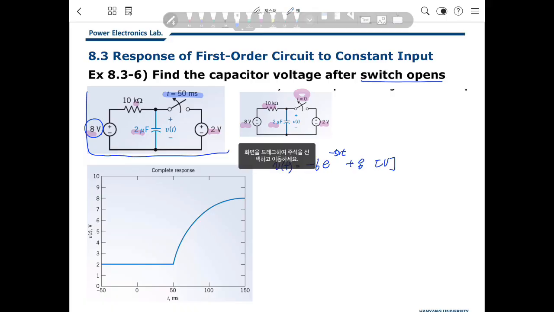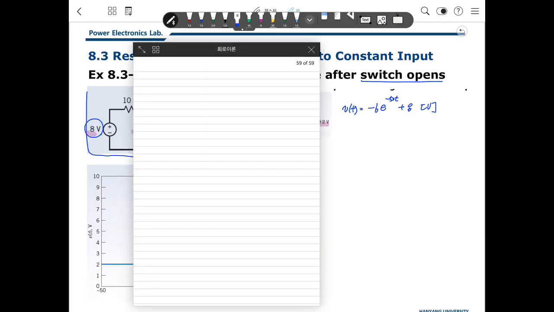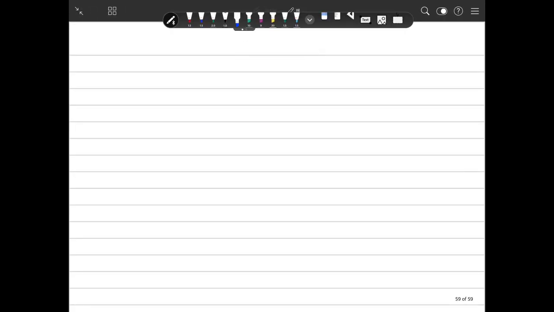So we will compare the 2 solutions. This example has 8 volt, 10 kilo ohm, this is the capacitor, and 2 microfarad.